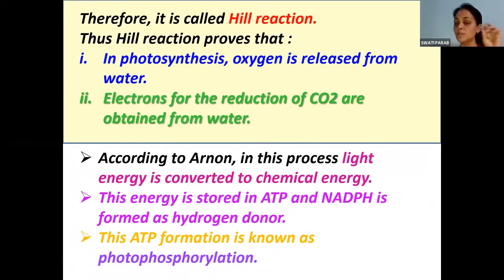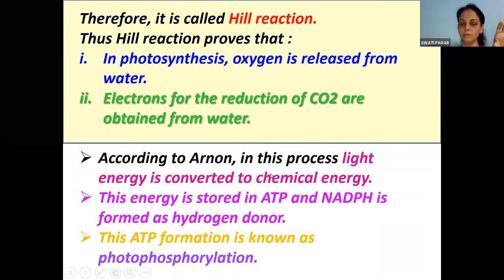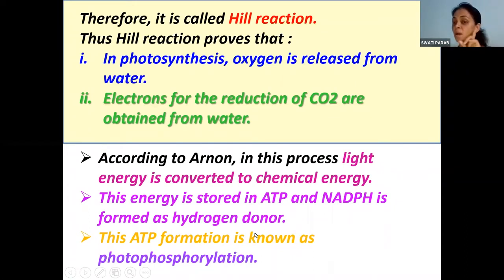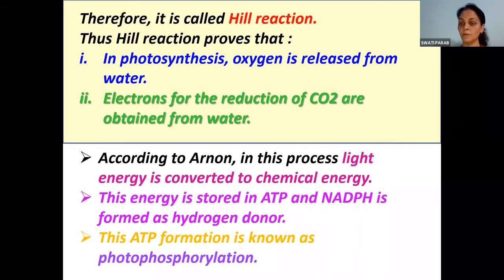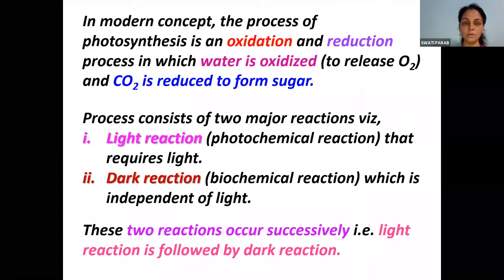So from this energy-rich molecule, when from ATP we use one phosphate and from NADPH we use one hydrogen, then the term used is phosphorylation. And as it is in the presence of light, we use the term photophosphorylation. Be clear with this because we are going to use this term later on.